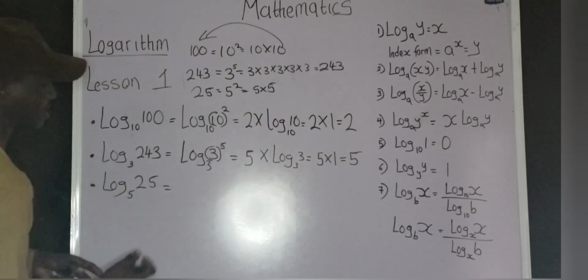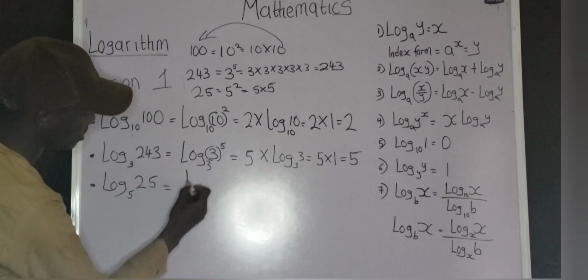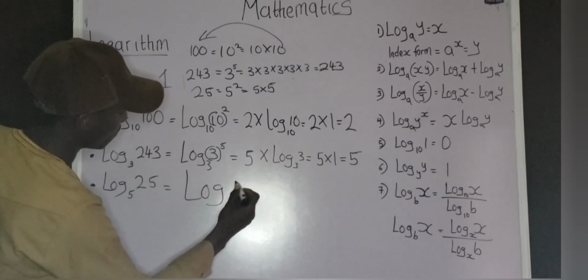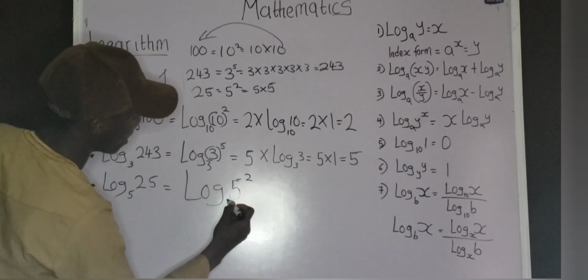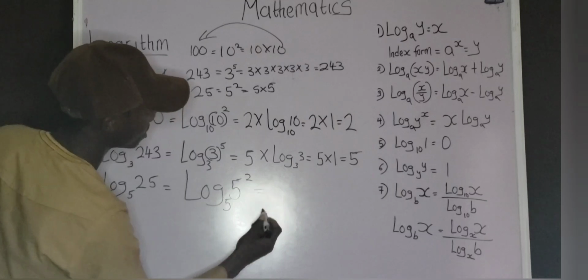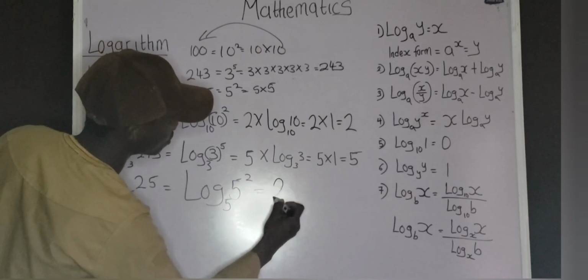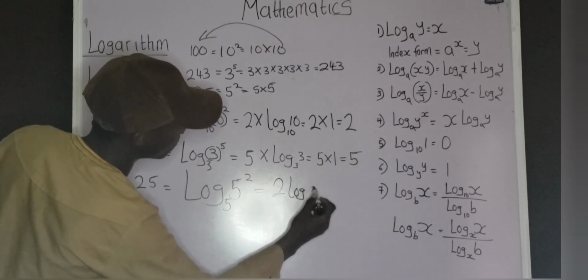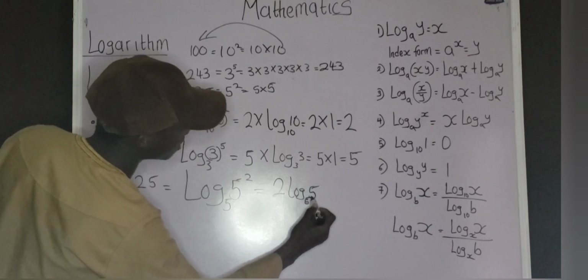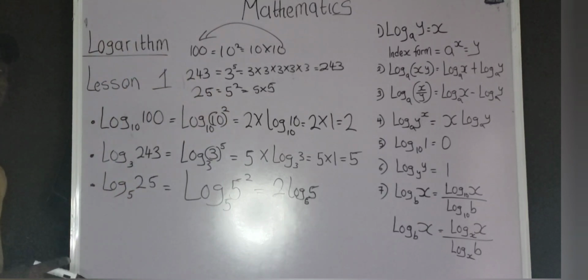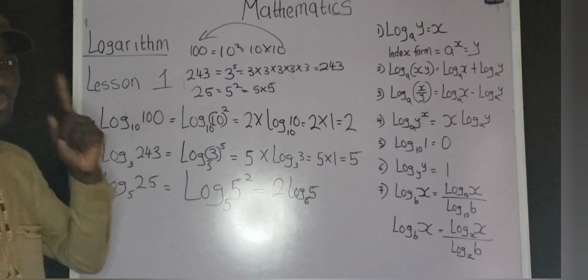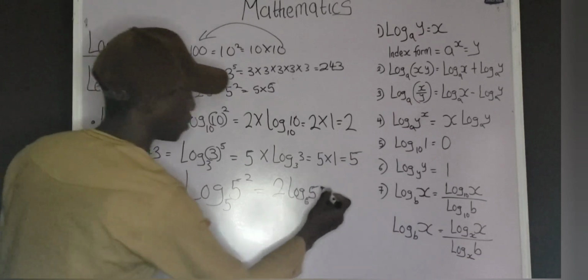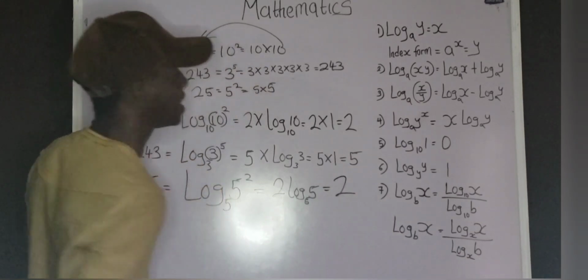So for this, we are going to have log 5 raised to the power of 2 base 5. This will be equal to 2 log 5 base 5. And we are told that the logarithm of a number to the same base is 1. So 2 multiplied by 1 is 2. So the final answer here is 2.